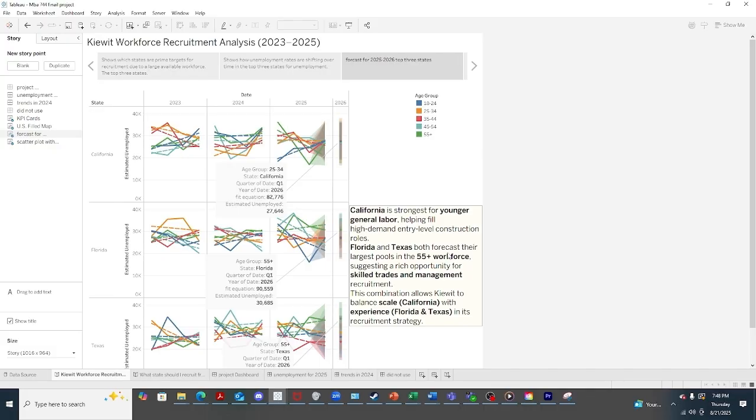Florida and Texas both forecast large pools in the 55-plus workforce, suggesting a rich opportunity for skilled trades and management recruitment. This combination allows Kiewit to balance scale from California with experience from Florida and Texas in its recruitment strategy. So this would help them overall if they recruited mostly from those three states.